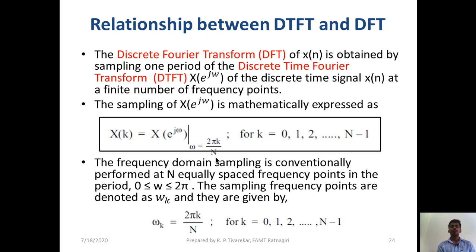So we have omega k equal to 2 pi by N times k, where k varies from 0 to N minus 1. So those sample locations actually look like this when capital N is equal to 4.